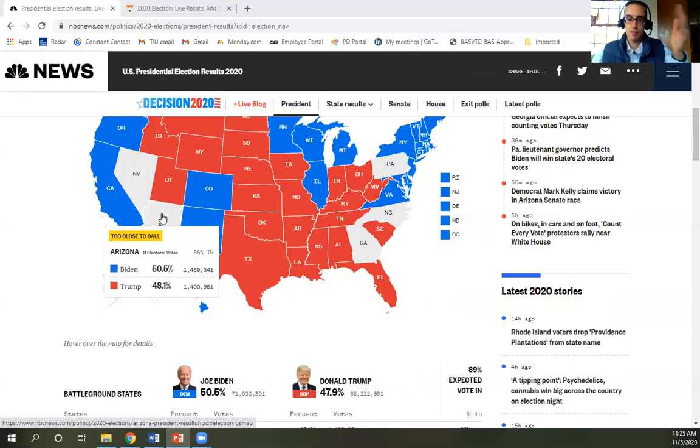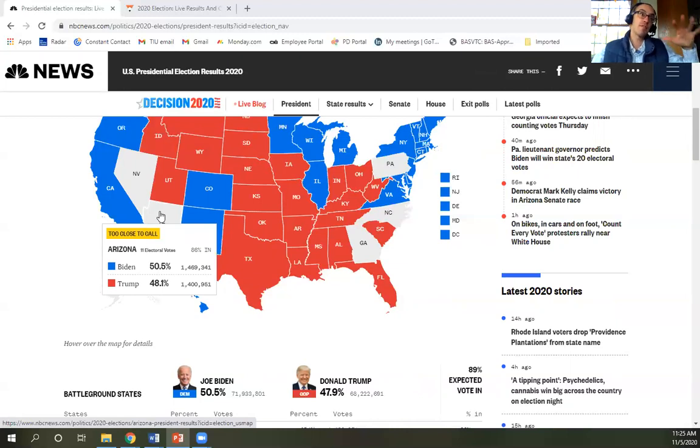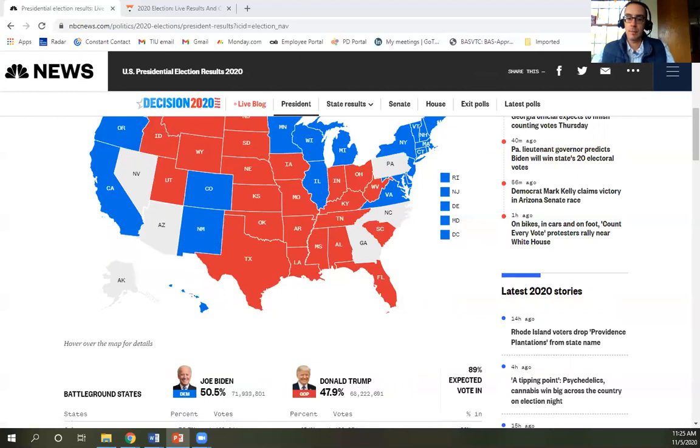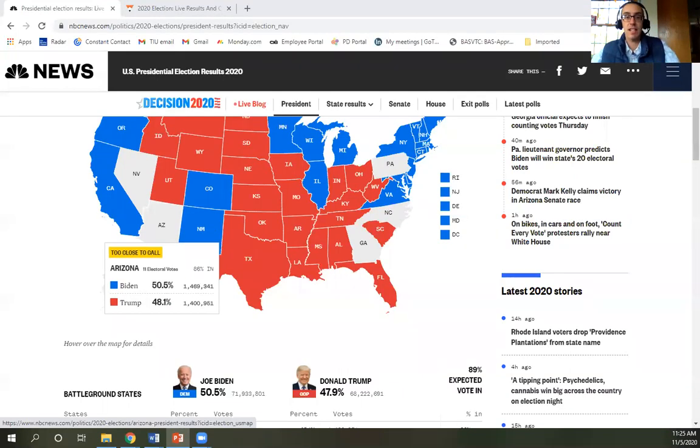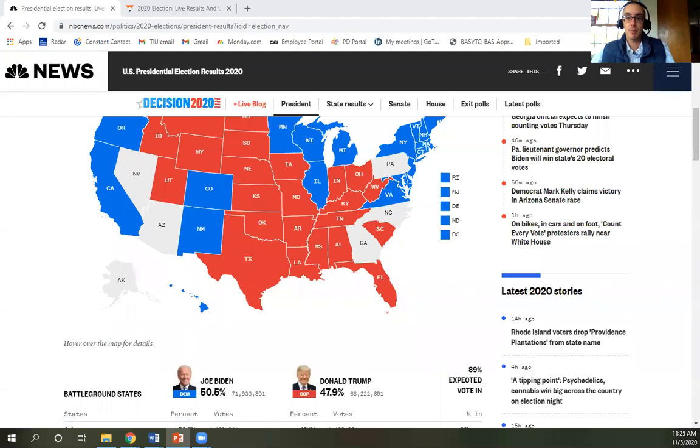I was reading a news blog earlier that the votes that are left to count in Arizona will probably favor Biden as well. So he probably will win. And it looks like Biden will win Arizona. But some people are saying, let's go for it, let's say he's good. And other people are saying, well, I'm going to wait. We'll wait on that.